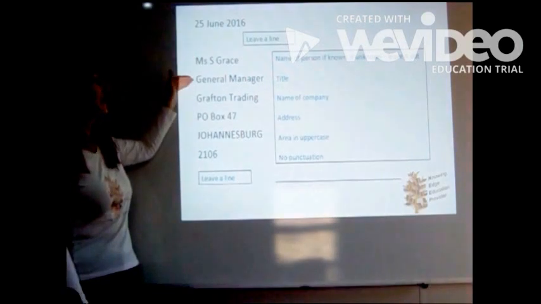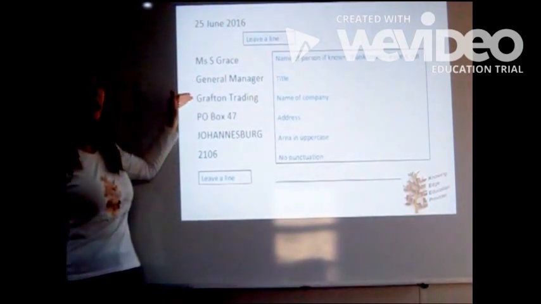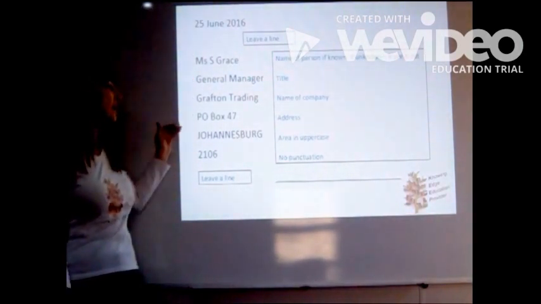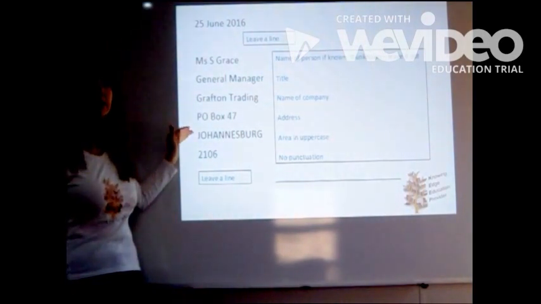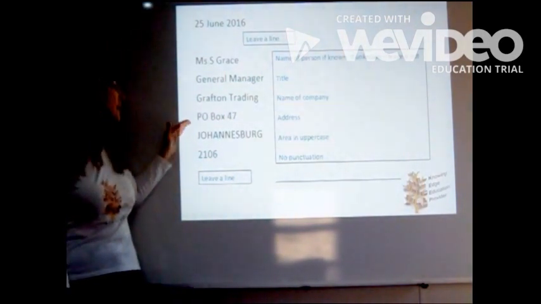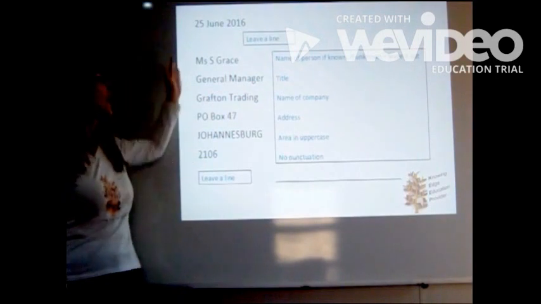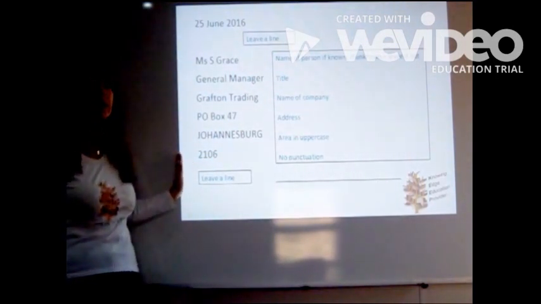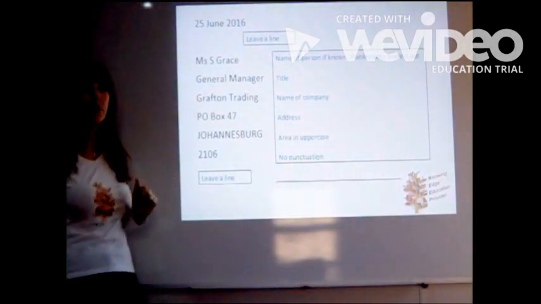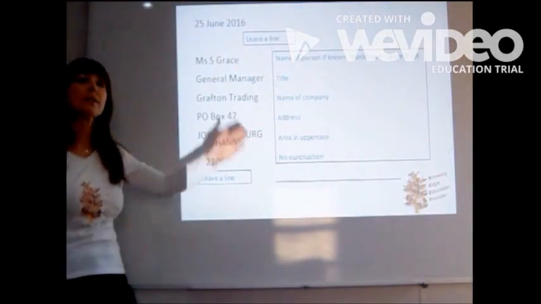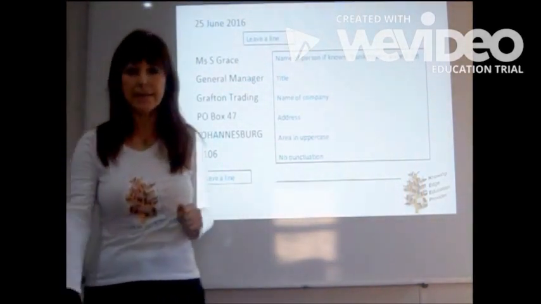Miss Grace, her title, the name of the company, the address, and the area is written in uppercase or capital letters, and the postal code. No punctuation appears in the receiver's address, and the receiver's address appears on the left-hand side.